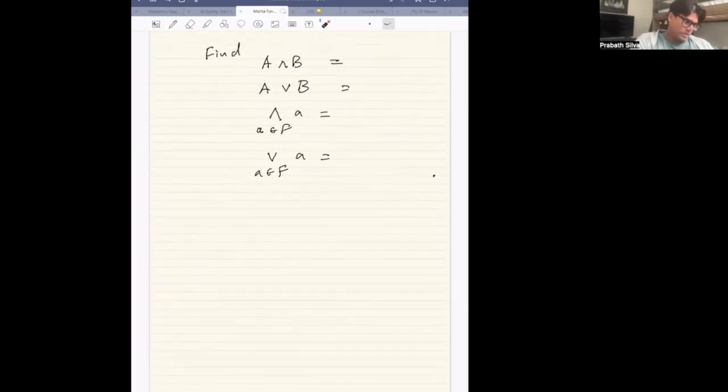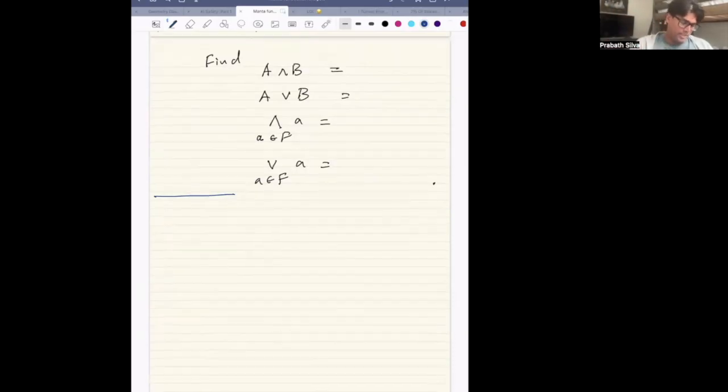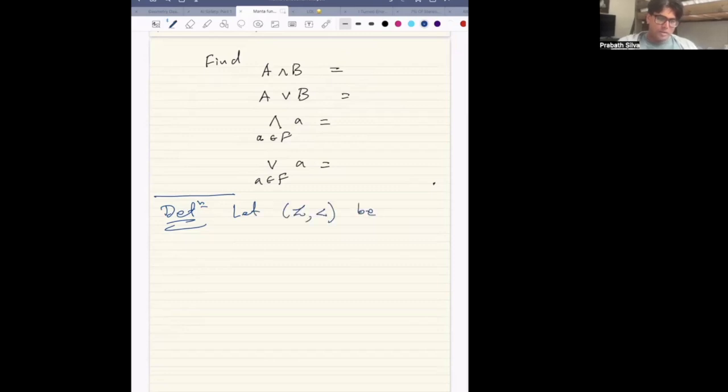So let's do this thing. We have a lattice, and you can turn the whole thing upside down. The things that are at the top go to the bottom. That's called the dual lattice. Let me write this down. Definition. Let L be a poset.